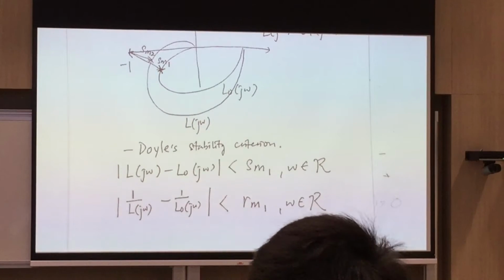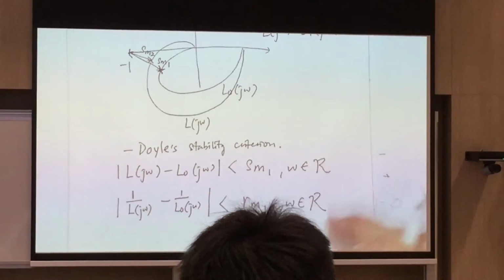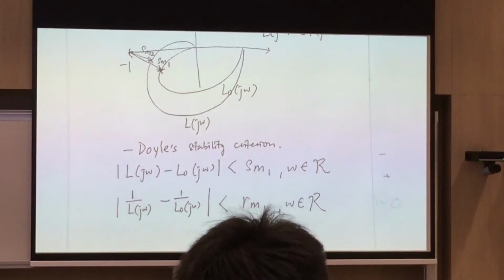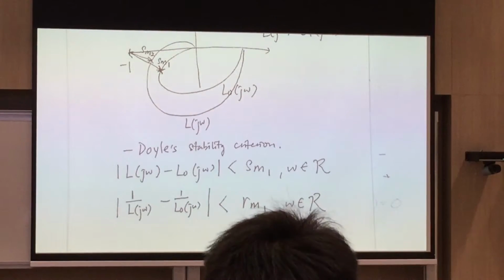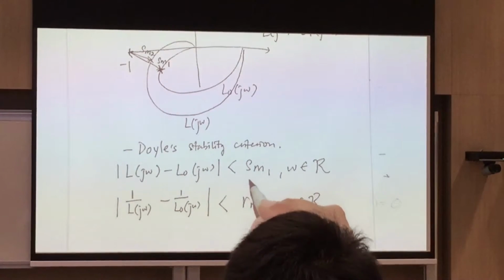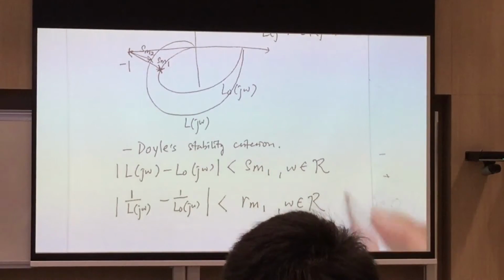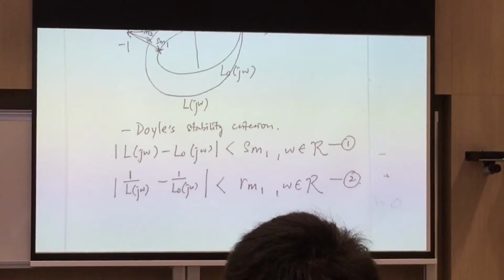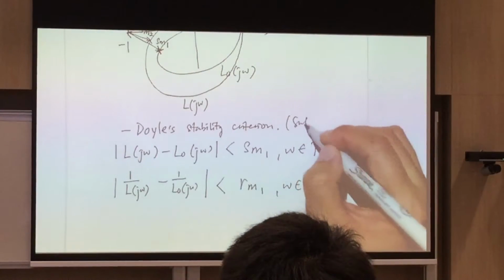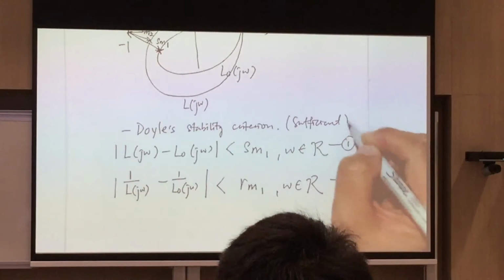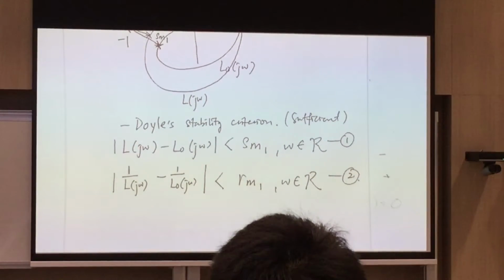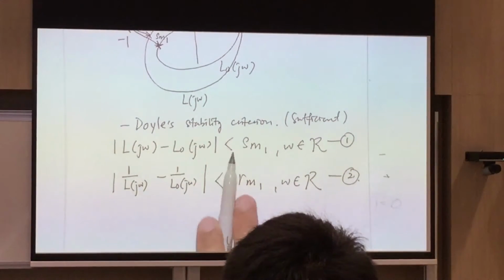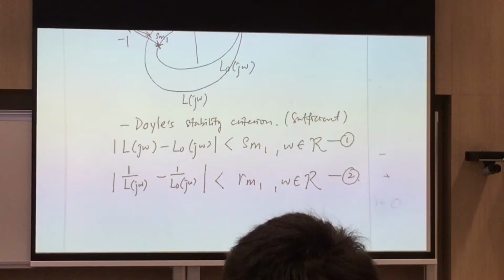Alright? Okay, and from these two equations, okay, you'll be able to fit SM1, so this is 1, this is 2. Alright, these are the two equations that you see out here. Alright? And these are all sufficient conditions for stability. Okay, why sufficient? Because we're saying that it's not so tight, it's just an inequality sign.